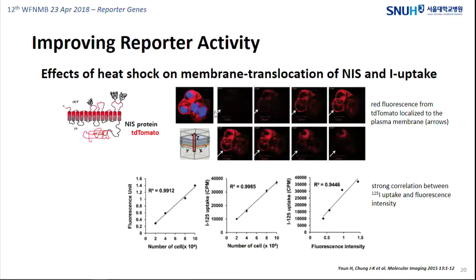Generally, we can get this kind of image, but we take a picture with a Z-stack, then remove the cytosolic component and see the membrane component clearly with the MetaMorph program. We also tested the iodine uptake and the fluorescence intensity with the number of cells, and we can make a very good linear correlation between the iodine uptake and fluorescence intensity in the membrane.